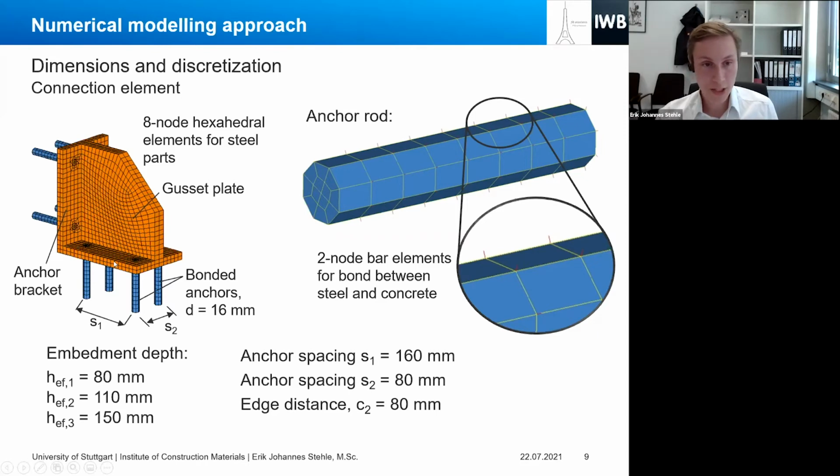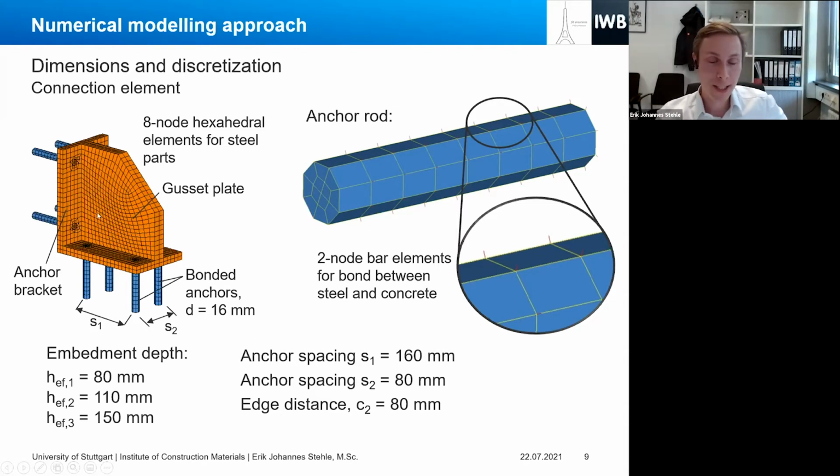In all simulations, the dimensions of the gusset plate, the anchor bracket, the anchor spacing, and the dimensions of the concrete specimen, that means also the distance to the edges, were kept constant. The only thing that was changed was the embedment depth of the anchor itself, which was varied from 80 millimeters to 150 millimeters.